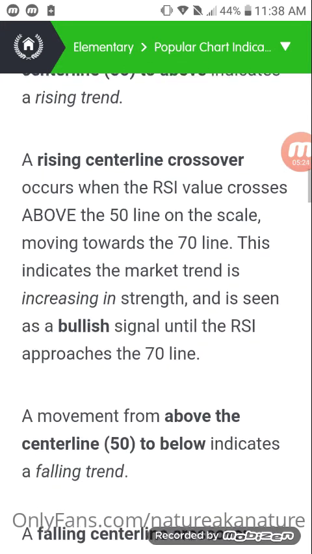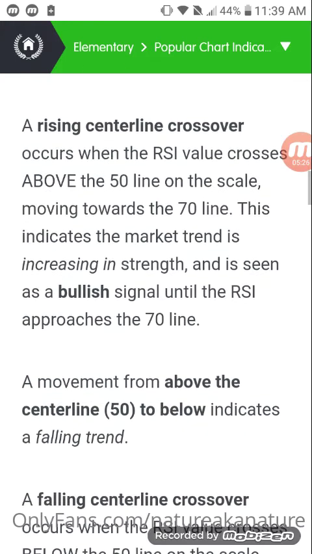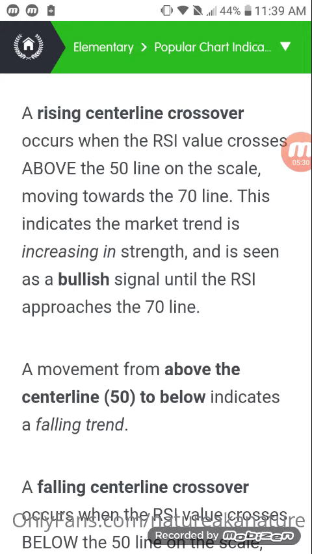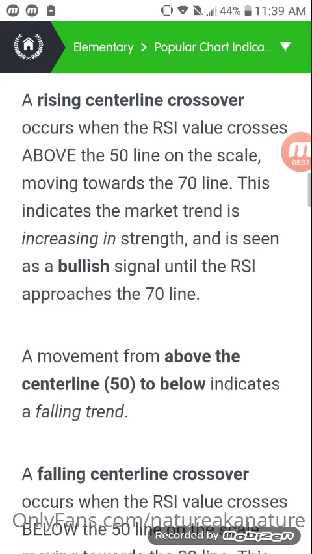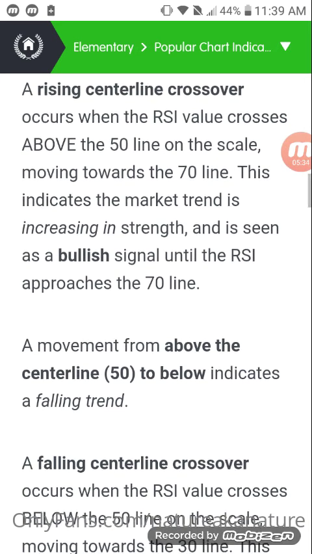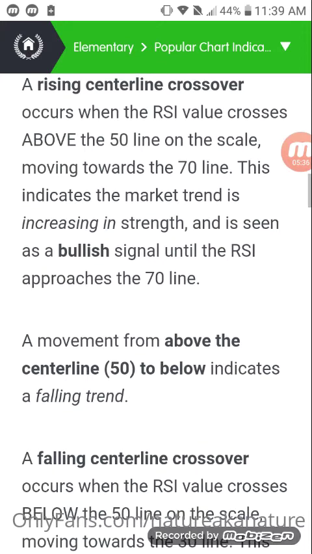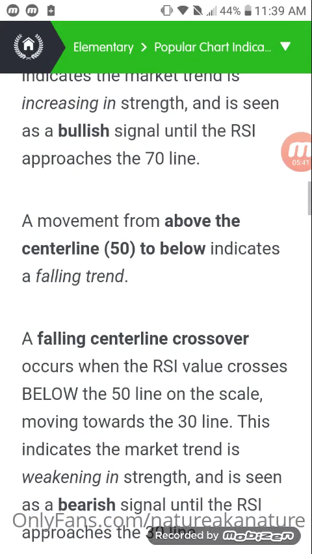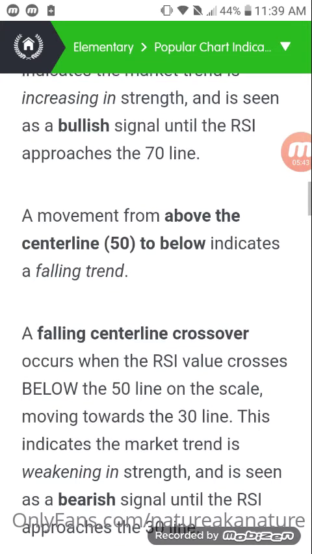Same thing with a falling trend, a momentum from above the center line to the 50 line and then below, which indicates a falling trend. A falling centerline crossover occurs when the RSI value crosses below the 50 line.